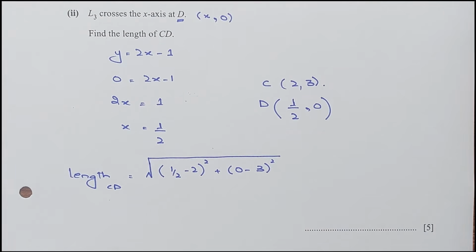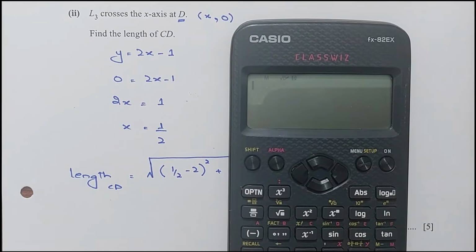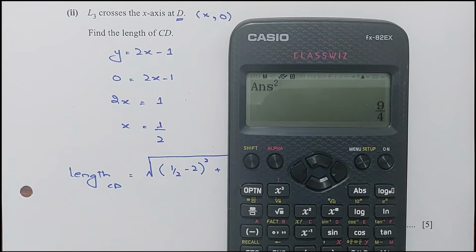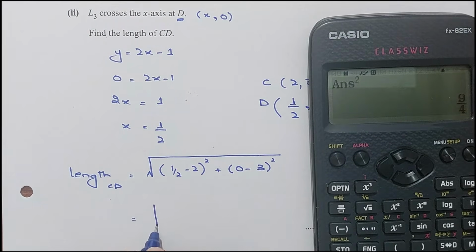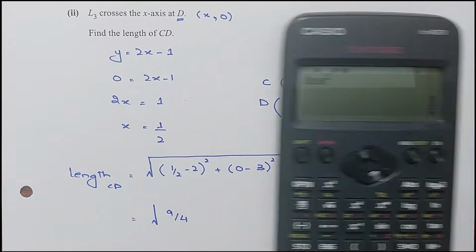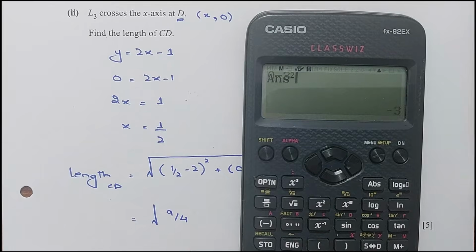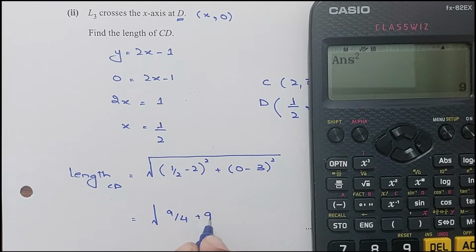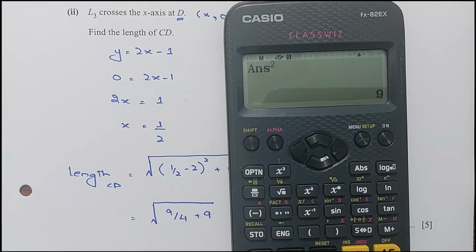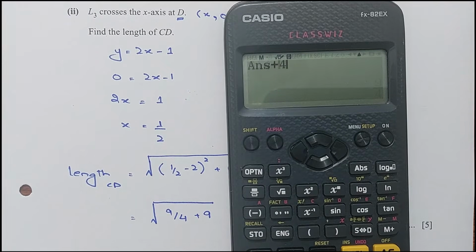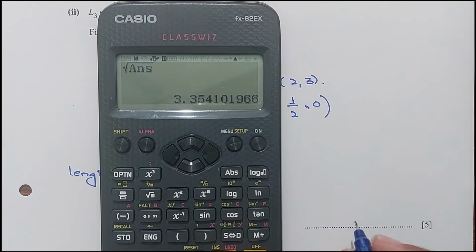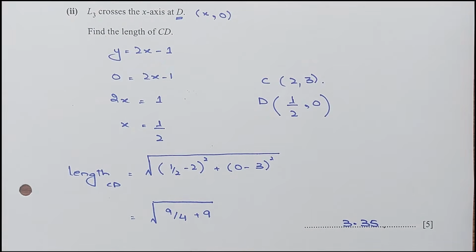Now let me simplify this. 1/2 subtract 2, squared, is 9/4. And 0 subtract 3, squared, is 9. So we have the square root of 9/4 + 9. This is 3.354, or 3.35, the length of CD.